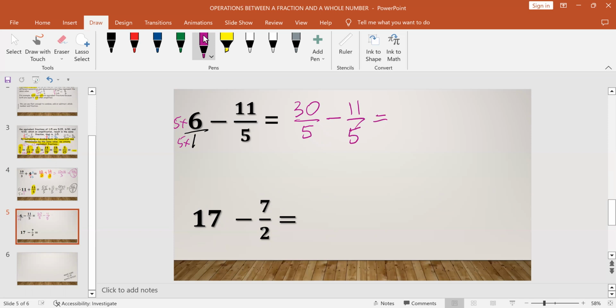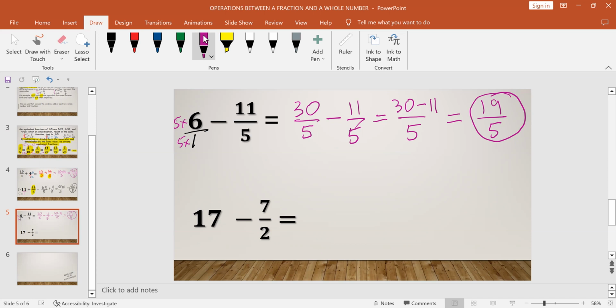We keep 5 in the denominator, and we have 30 minus 11. And 30 minus 11 is 19. So the answer is 19 over 5. Can we simplify 19 over 5? No. Except they ask for a mixed number. But again, we'll see this in another video.